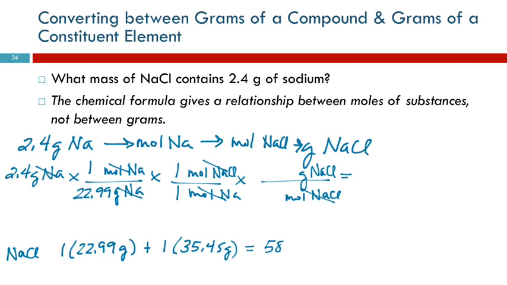And we get 58.44 grams. So 1 mole of sodium chloride weighs 58.44 grams. This is something we just learned how to do this morning. So this is my relationship that I need here. It's 1 mole and 58.44 grams.